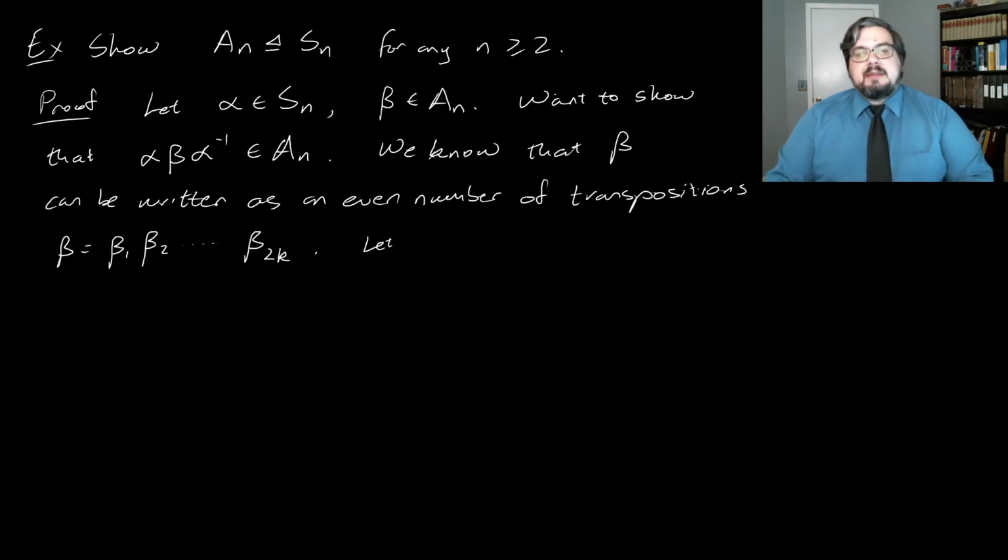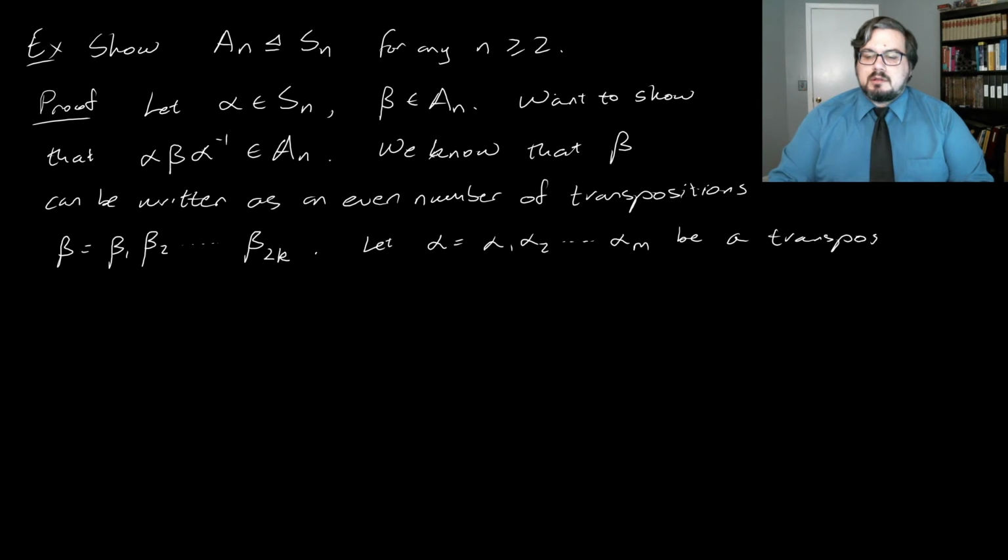Now, we don't know the same thing about alpha. We have no control over the number of transpositions that it takes to write down alpha, but we do know that it can be written as a product of transpositions. So let alpha being alpha 1, alpha 2, up through alpha m, say, be a transposition decomposition of alpha.